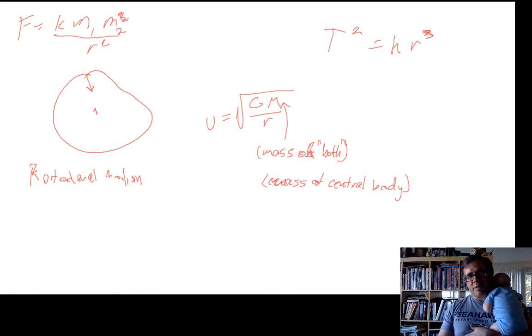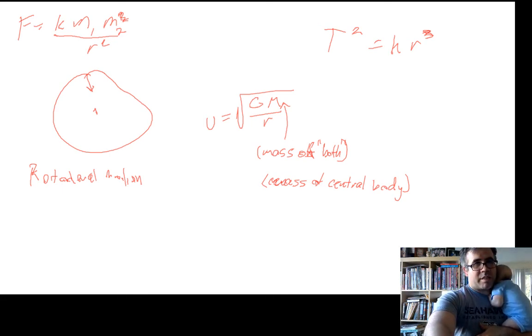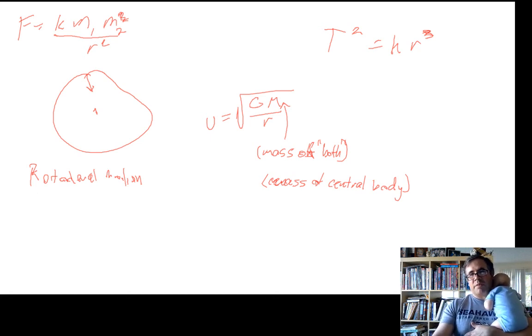Relate orbital period with radius and speed. So if you want to talk about orbital period, of course we have this that relates orbital period with radius. If we want to bring speed into the equation, I guess we could tie this in with this if you feel like it.